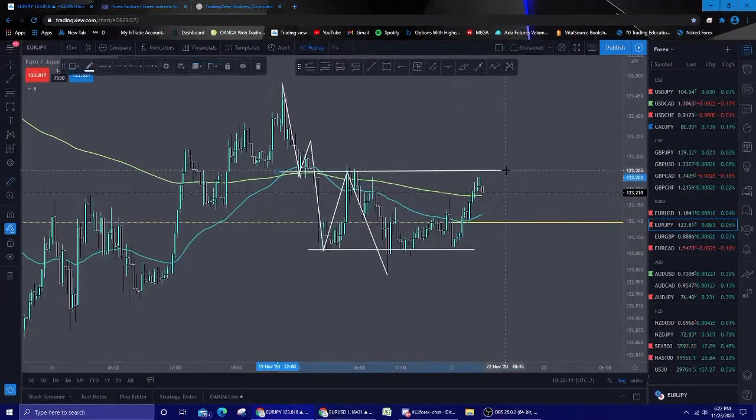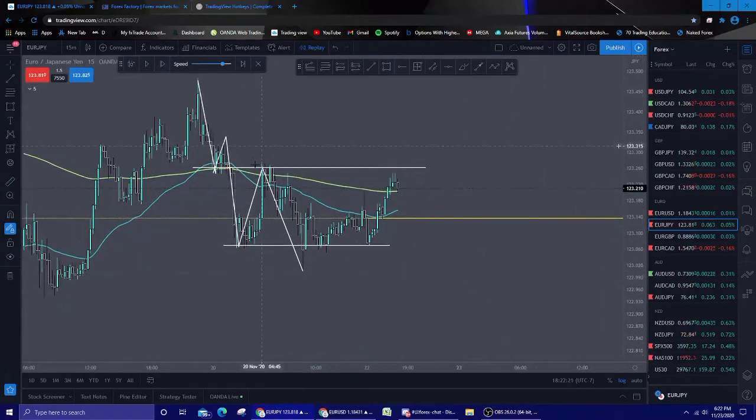So with this right here, I'll move that over. We have this high right here. We have this other high right here. Right now you can see that the 50 EMA and the 200 EMA are squeezing, meaning that the 50 EMA is likely to cross back above before we would probably want to look for buy positions.